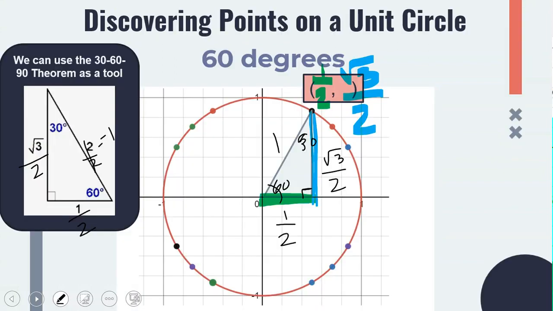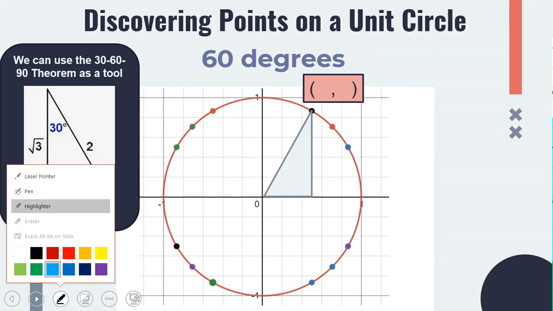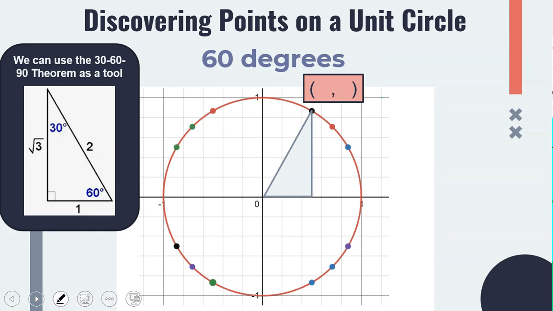So once we know this first unit, this first quadrant, I'm going to erase everything really quick. Once we know this first quadrant, notice that we can draw similar triangles all across the entire thing. So I'm going to start with this one, right? Here was our 30 degree triangle.